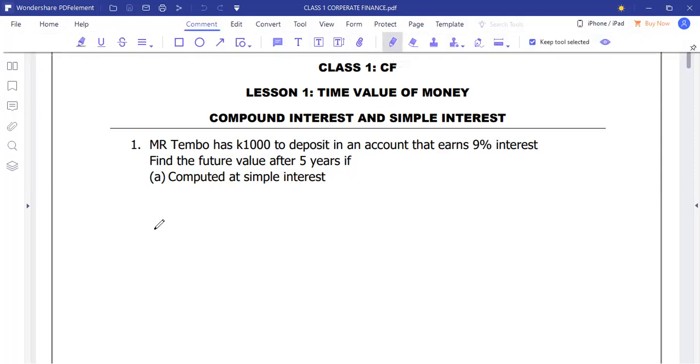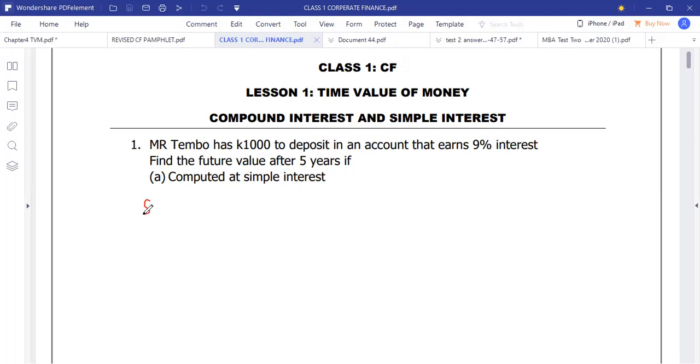Yes, simple interest is equal to what? PTR, correct. So P times R. Okay, what is our principal? 1,000. Our time? 5 years.